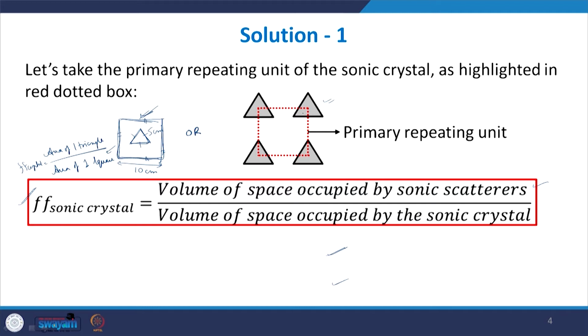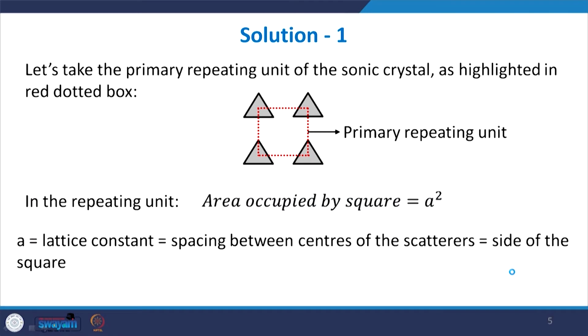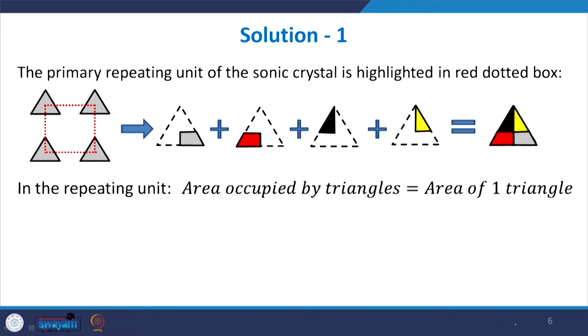Let us say you chose this one, then also you will arrive at the same conclusion. This is the area occupied by the triangular portion divided by the area of the square. Let A be the lattice constant, the distance between the centers, which becomes the side of the square, so the area is A squared. Now, the overall area occupied by the triangle: here is the first portion, second, third and fourth.